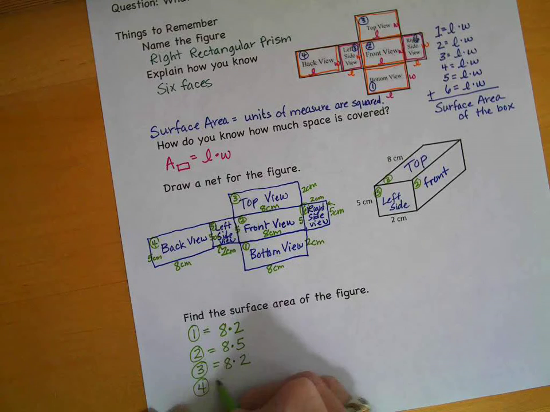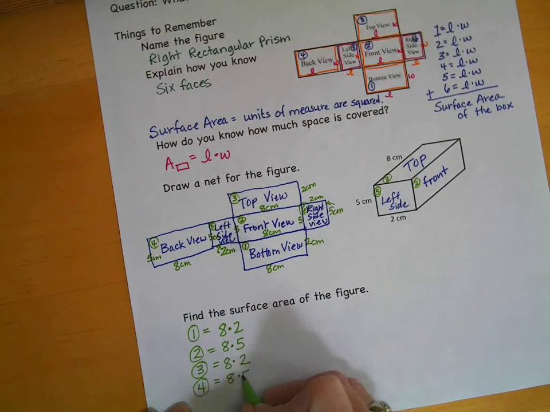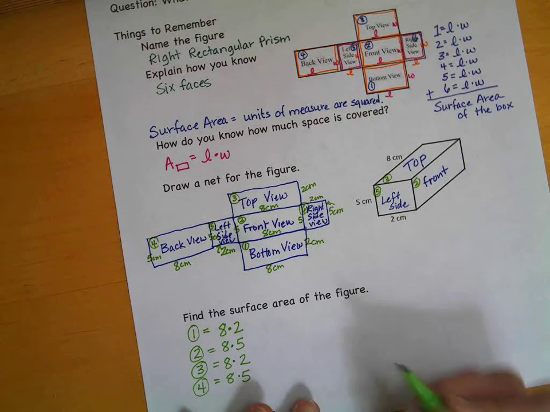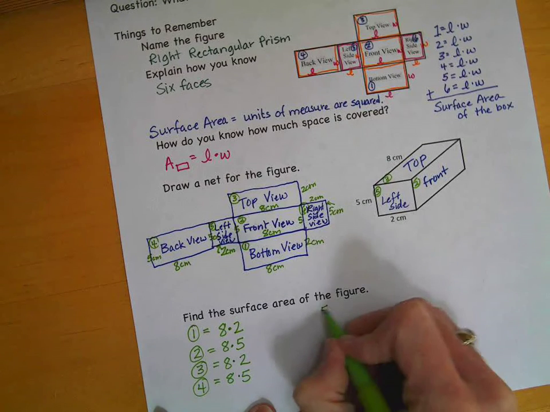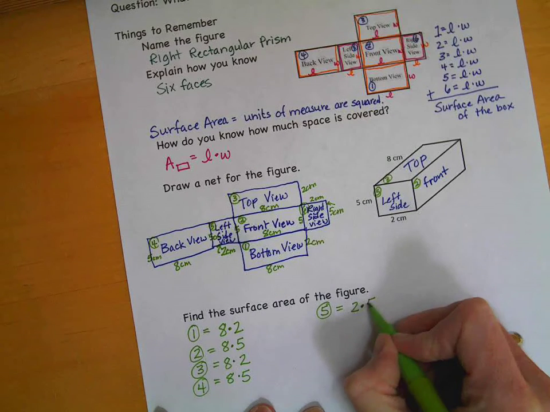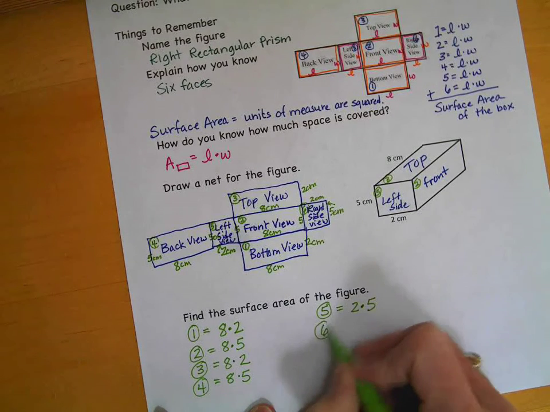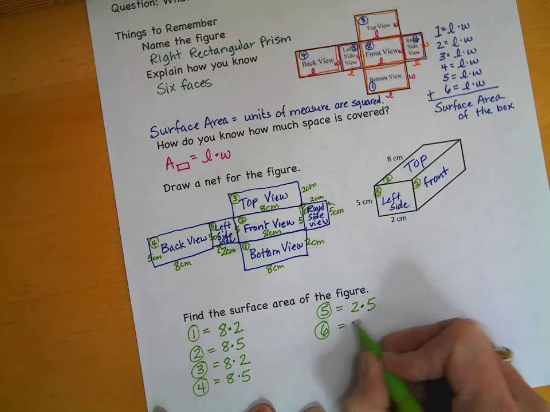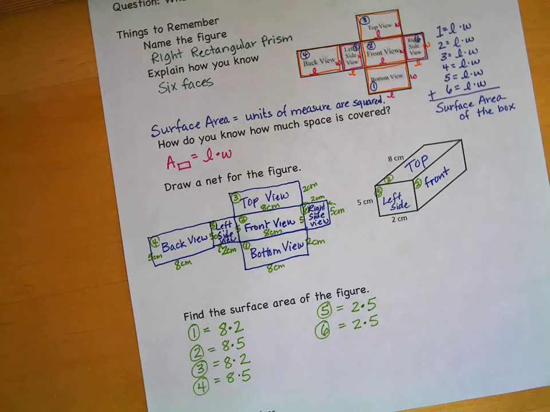And then number 4 says 8 times 5. Okay, so far so good. Then we have number 5, which says 2 times 5. And number 6 says 2 times 5.